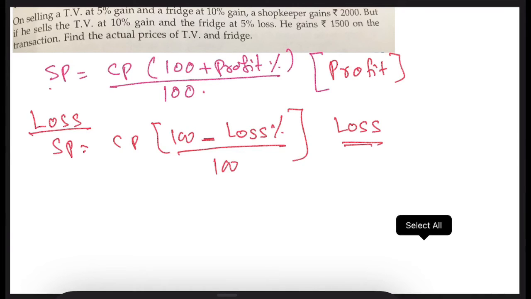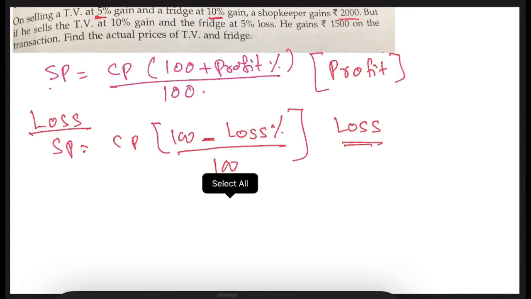Okay, now let's see what it is saying. By selling the TV at 5% gain, and the fridge he sold at 10% gain, in total he is getting 2000 rupees. A shopkeeper gains, this gain equals 2000 rupees.